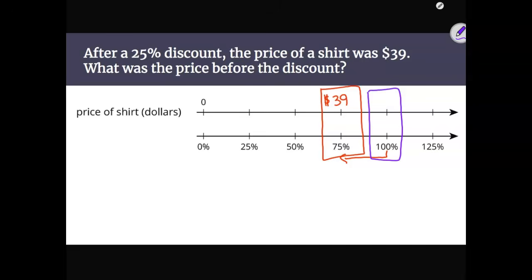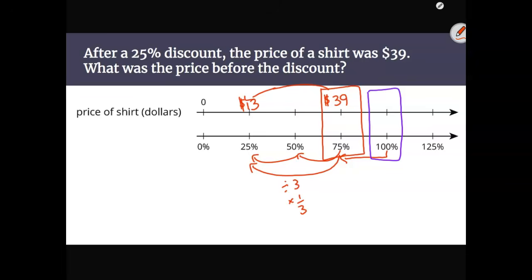So there are a few ways to solve this problem. If you're trying to do it mentally and using number sense, I think it's probably easiest if you scale it down. So if we look down to get from, say, 75% to 25%, that's dividing by 3 or multiplying by 1/3. So we can do the same idea here to get to the 25%. 39 divided by 3 or times 1/3 gives us $13.